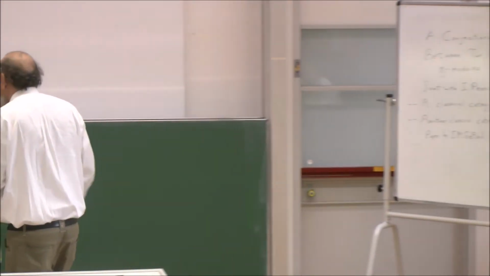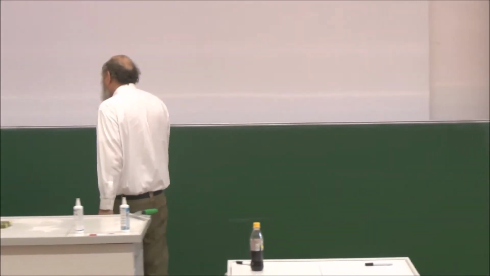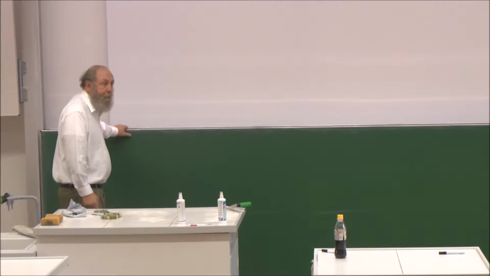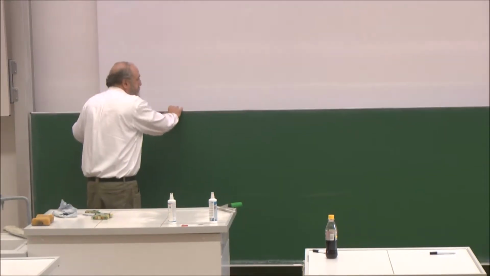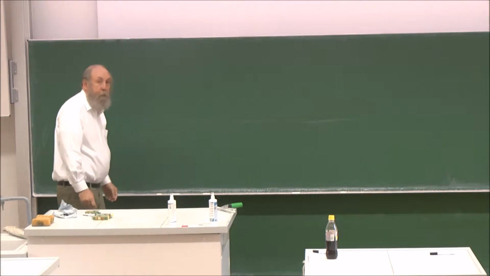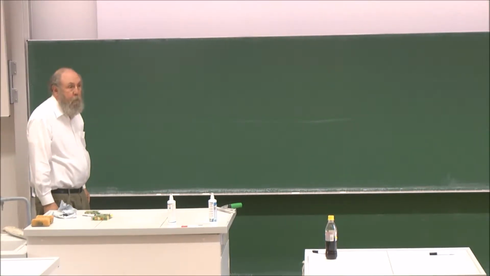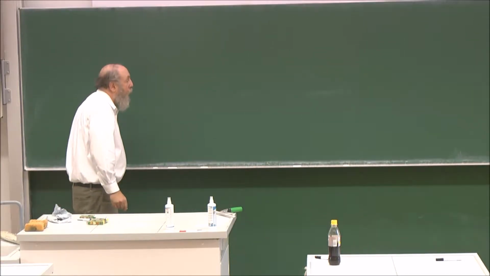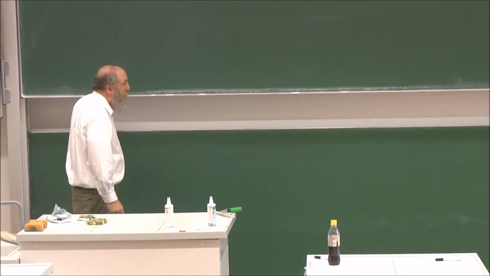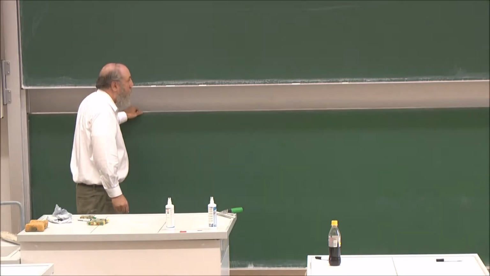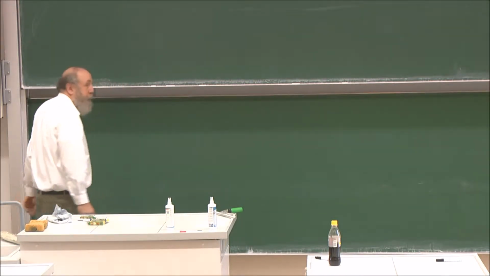And I should start with the board. Sorry? I think you should start with the board on the back. Okay. Well, neither works really well. Next time I'll bring my beamer.